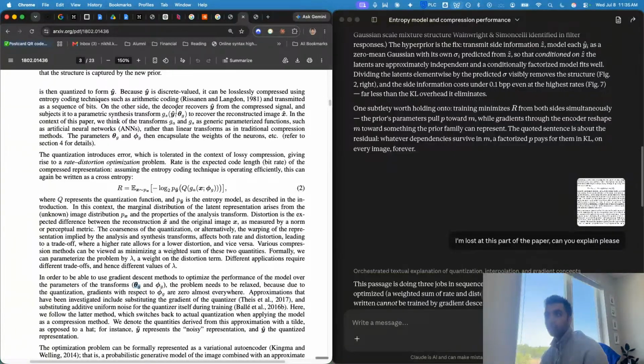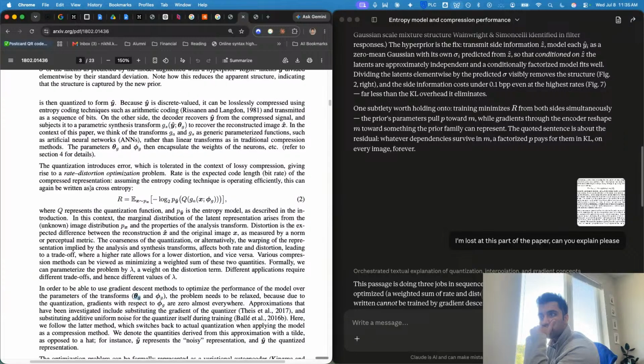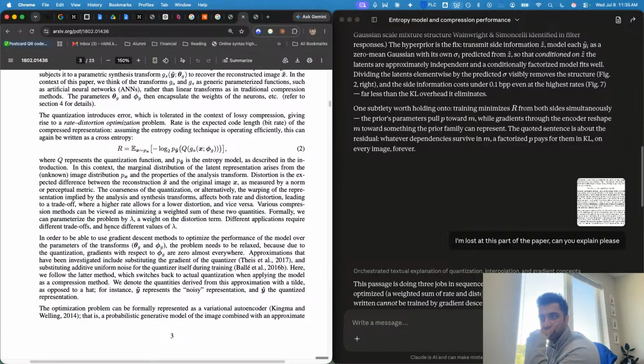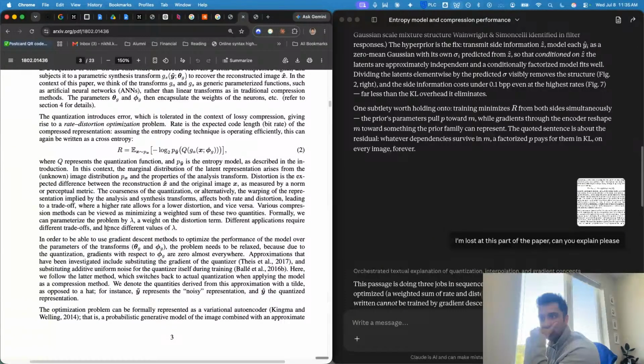Wait, theta sub g. Okay, so rate is the how, yeah, and distortion is expected, yeah. Okay, we're trying to minimize the sum. Gradients with respect to this thing are zero almost everywhere. Okay, sure.